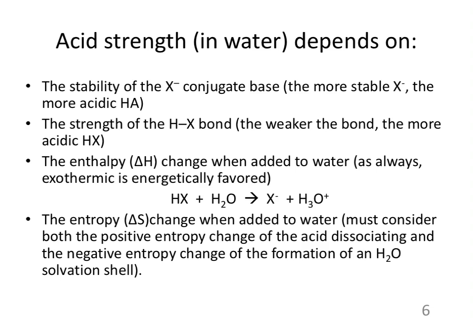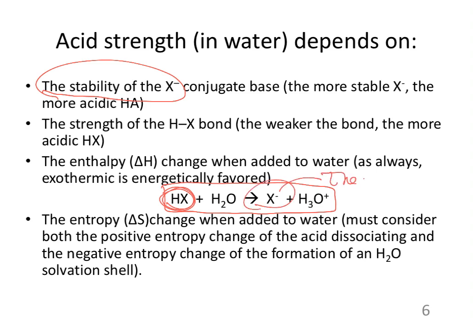One thing that affects acid strength is the stability of the anion or the conjugate base that's formed. So if you look at this ionization reaction of some generic acid, HX, the more stable the anion is, or conjugate base, the more acidic the original acid is, okay?